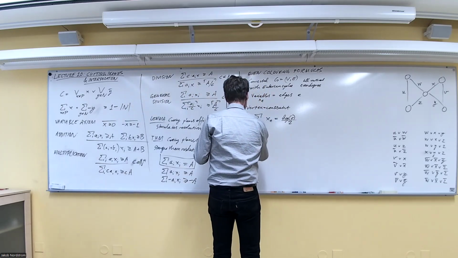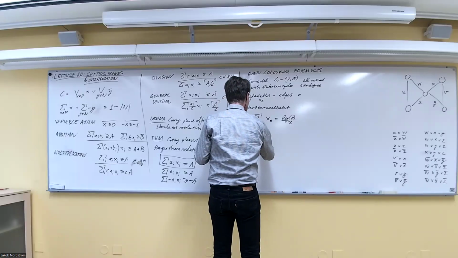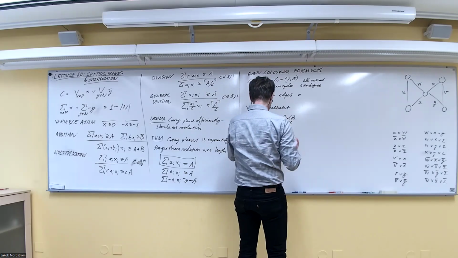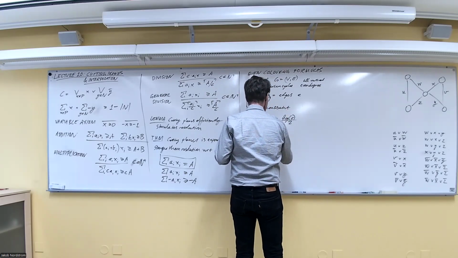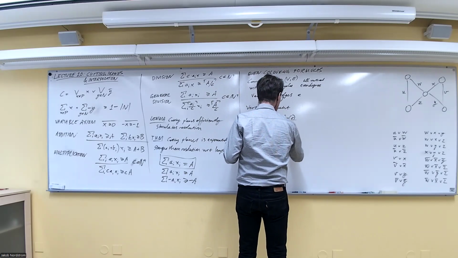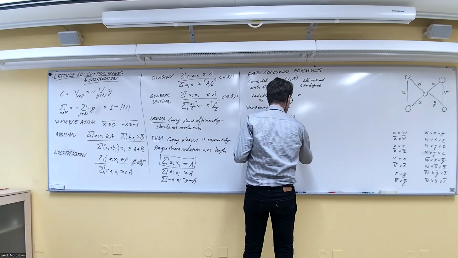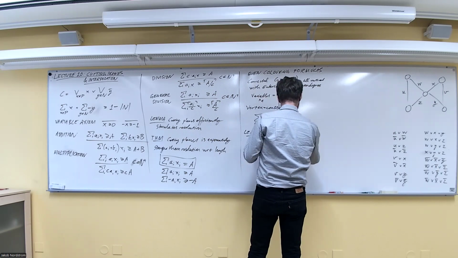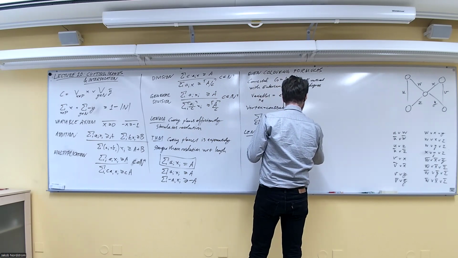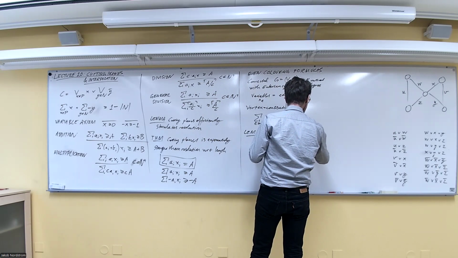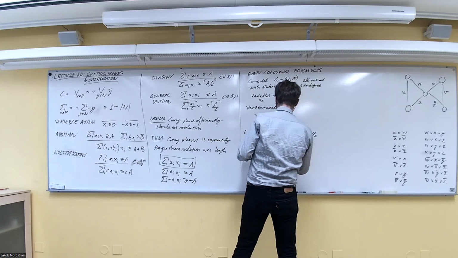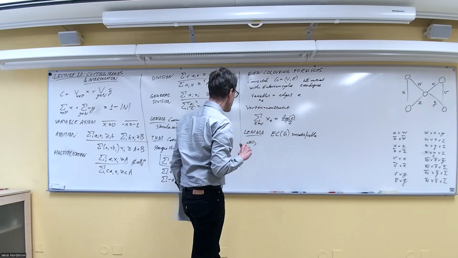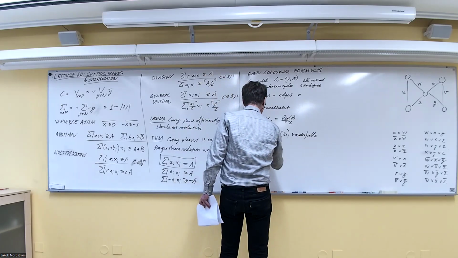Now it's not so hard to see, let's write this down, that the even coloring formula, which I'll write ECG, is unsatisfiable, assuming again that G is connected and all vertices have even degree.